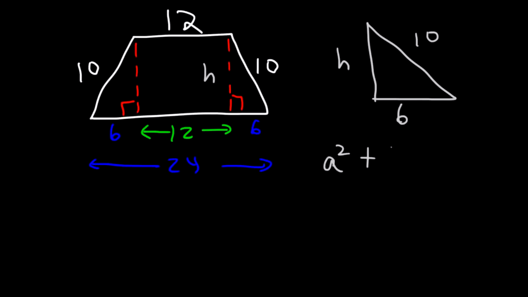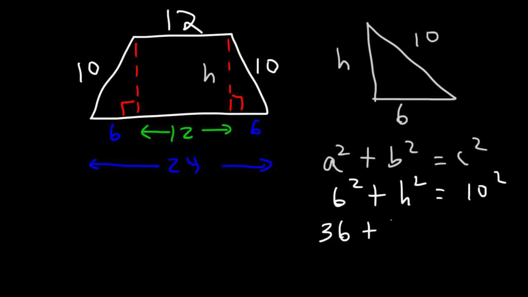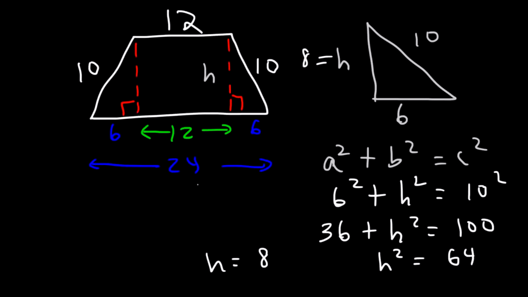So using the same equation, a squared plus b squared is equal to c squared. Let's say a is 6, b is the height that we're looking for, and c is 10. 6 squared is 36, 10 squared is 100, and 100 minus 36 is 64, and the square root of 64 is 8. So the height is 8.